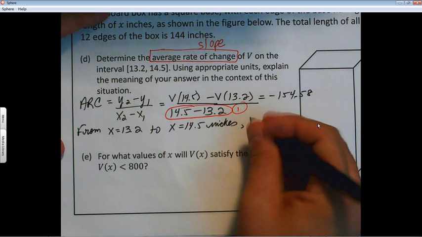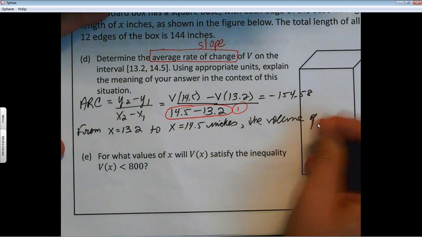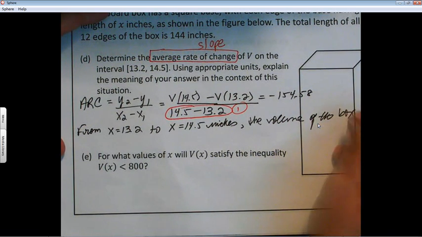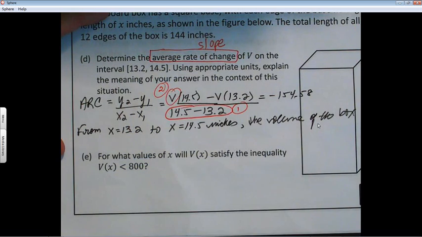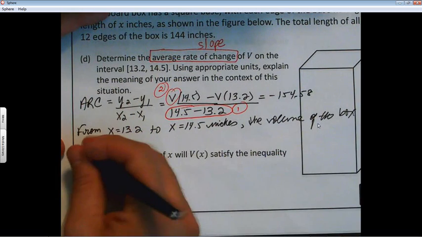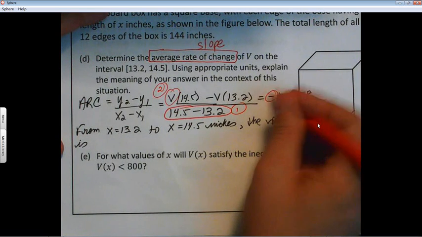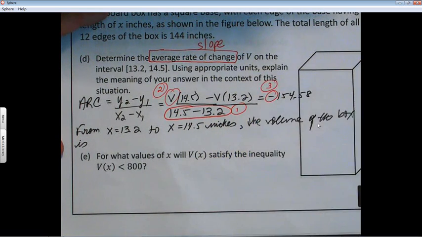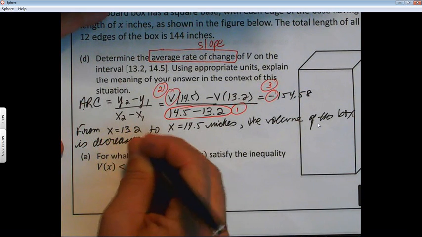These x values represent the inches. So we first mention the interval. Secondly, we have to mention the function. The function here is the volume of the box. So we mention V. That's the second thing.